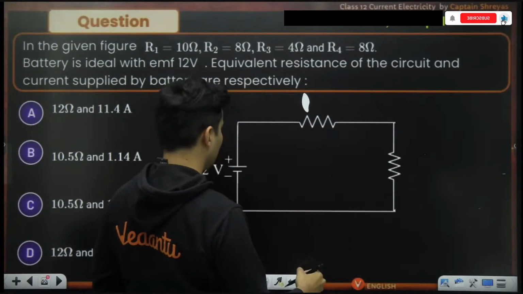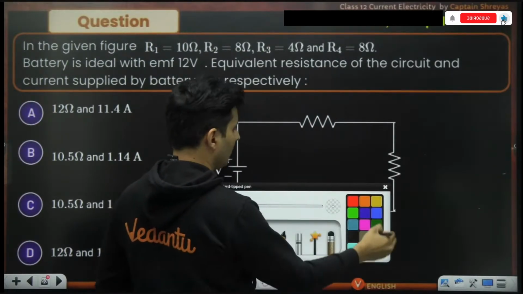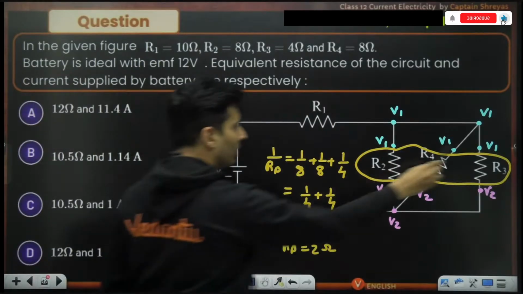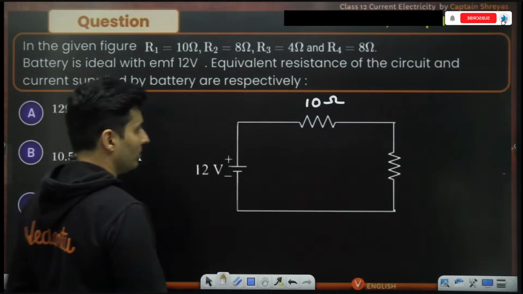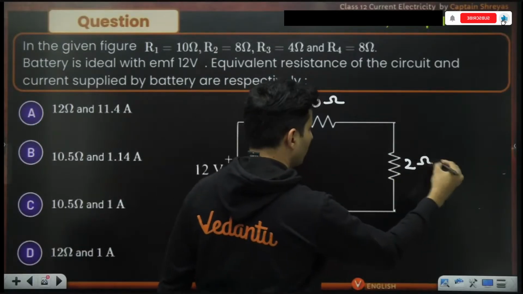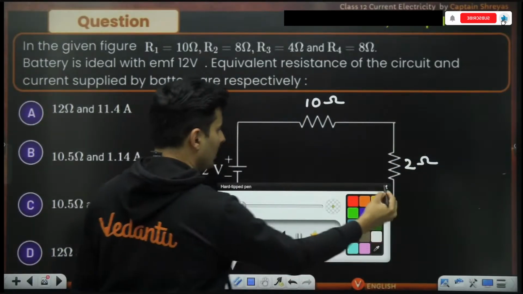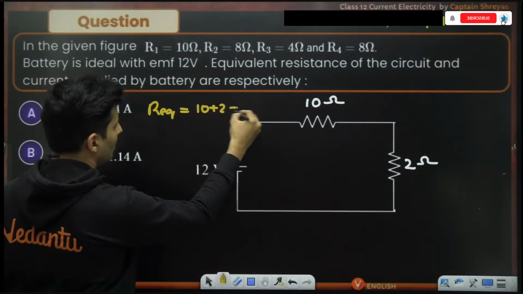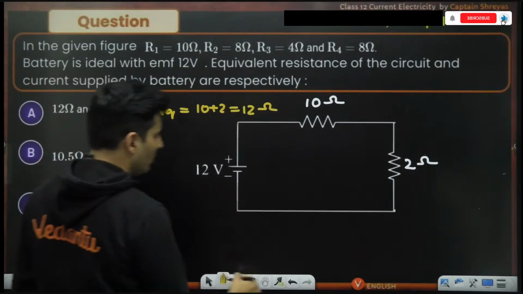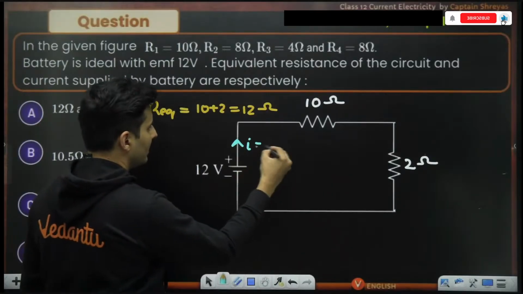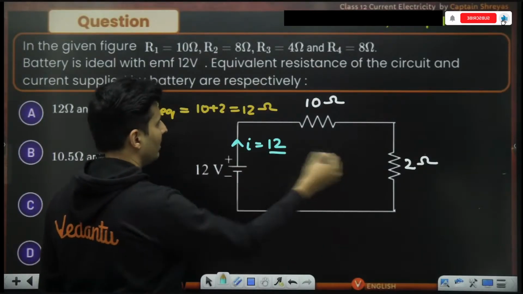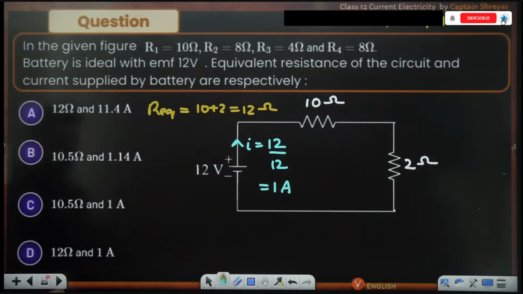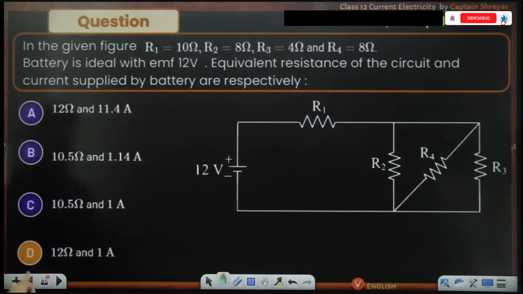R1 was 10 ohms, and this one, we just figured it out, all three together is nothing but 2 ohms. Now they both are in series. So clearly the equivalent resistance will be 10 plus 2, which is 12 ohms. If you are asked what is the current in the circuit, it will be the total voltage divided by the total resistance, which is just going to be 1 ampere. So 1 ampere and 12 ohms, which is option D.